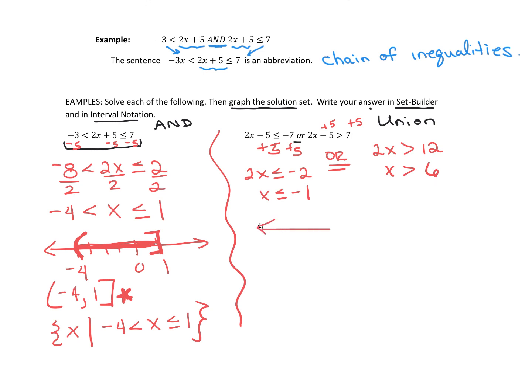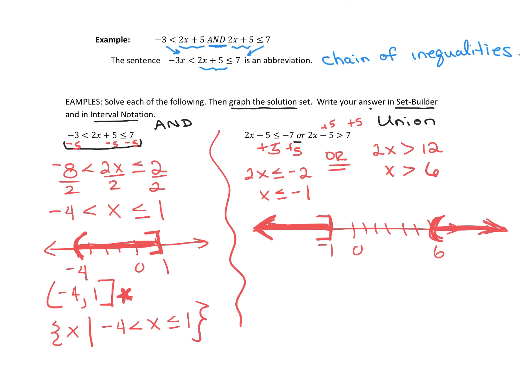All right, when we look at our number line here, we want to be less than or equal to negative 1, so this direction, and it's equal to, so I'm using a bracket, and greater than 6, so this direction.